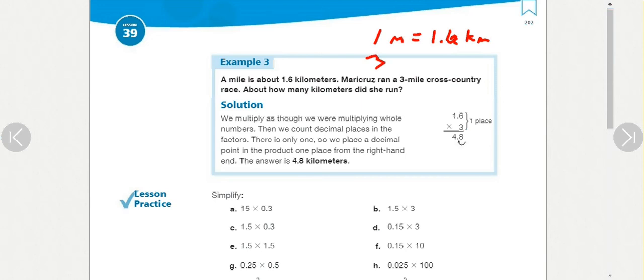So 3 miles is how many kilometers? Well, we're going to multiply how many miles we have by how many kilometers each mile is worth. So 3 times 1 6/10 comes out to 4, 8, with 1 decimal place in our two factors. So move over just 1, and you get 4 8/10 kilometers.